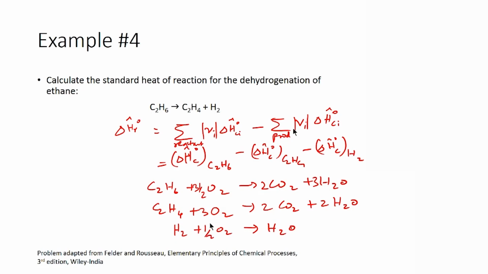To get the final equation, we have C2H6 on the reactant side, so we can take reaction 1 as such. In the second equation we have C2H4 on the product side, so we will multiply this by minus 1, and the other one we will again multiply by minus 1, so that the hydrogen goes to the product side. So the operations are equation 1 times 1, equation 2 times minus 1 and equation 3 times minus 1.